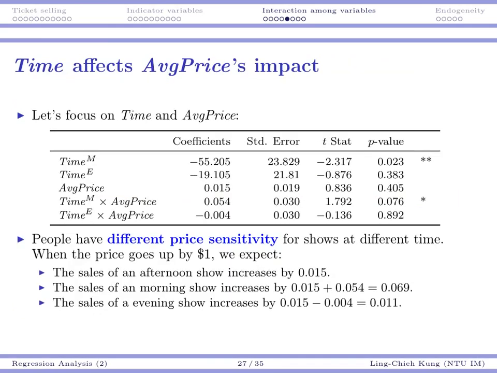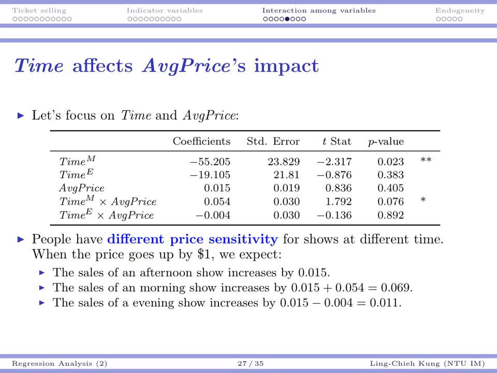So let's make some interpretations. One thing we find out is that time has an impact on the price's impact. So what does that mean? People have different price sensitivity for shows at different times. In particular, when the price goes up by 1, what's going to happen?